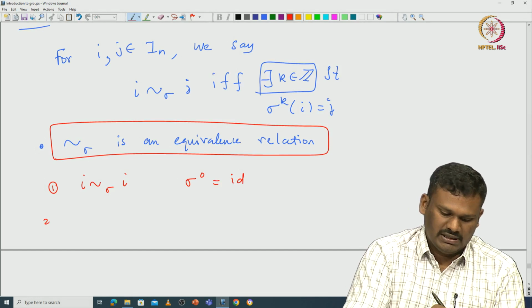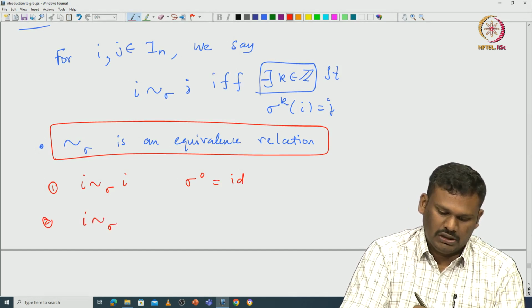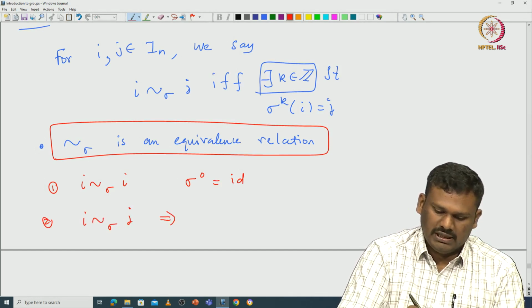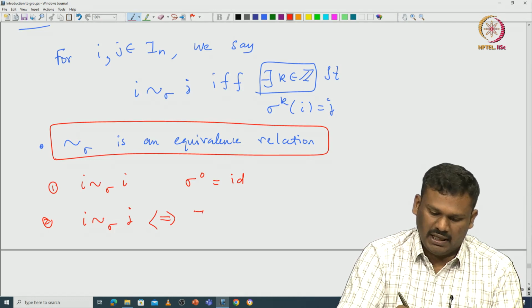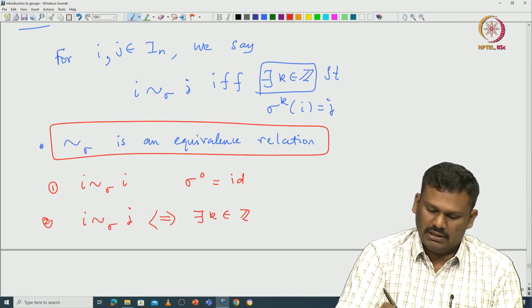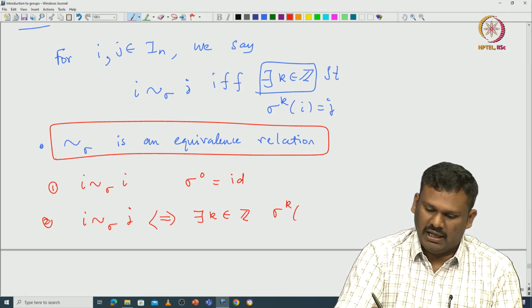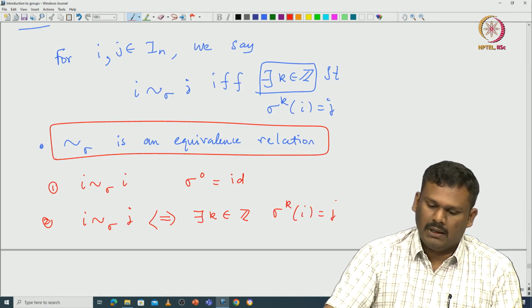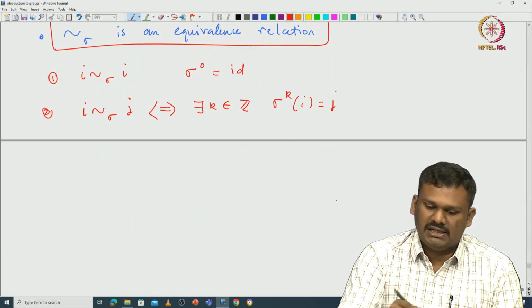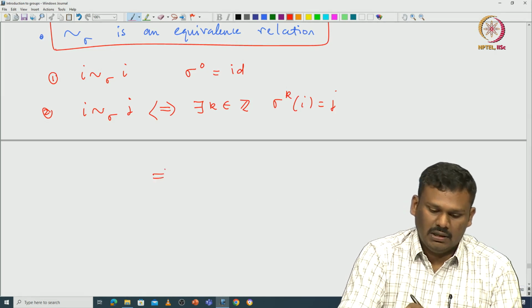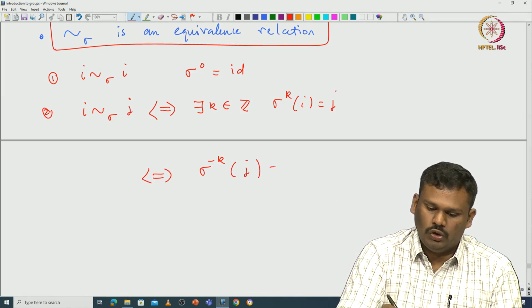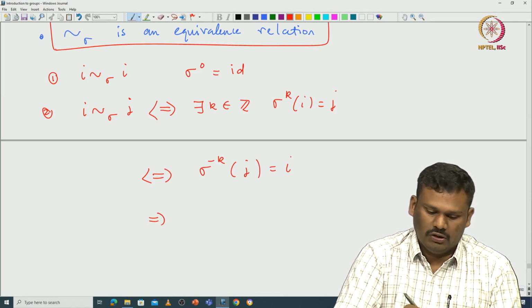That is obvious. The second thing is symmetry: i is related to j if and only if there exists an integer k such that sigma to the power k of i equals j. Now, by applying sigma to the power minus k, sigma to the power minus k on j is going to be i. So, j is related to i.